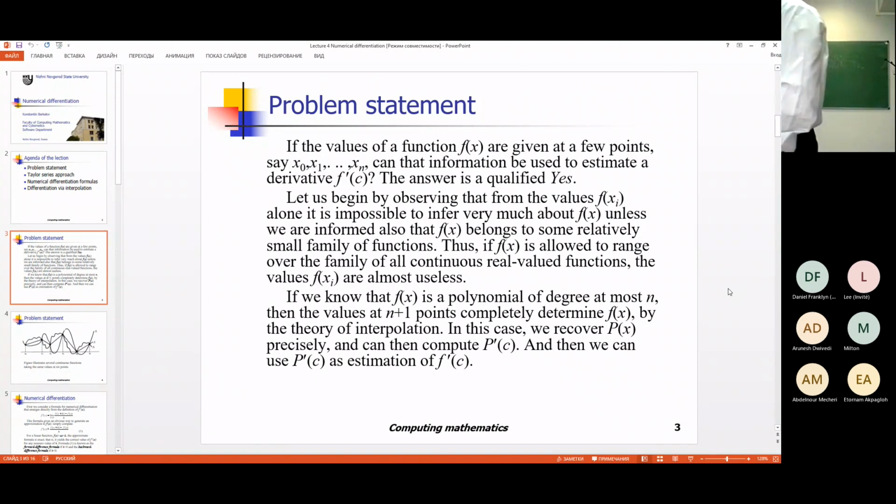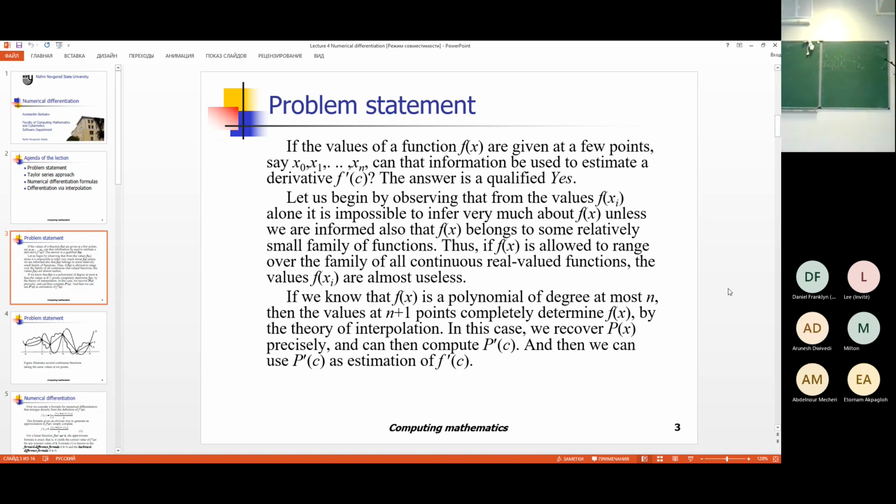And in this case we can recover p of x precisely, and we can compute p prime at any point c. And after that, we can use p prime c as an estimation of f prime c.